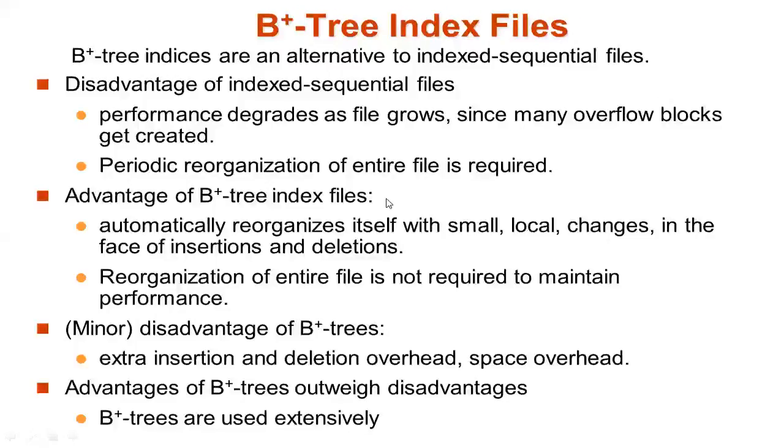When you use an index sequential file and the file size keeps increasing, the performance of searching, insertion, and all sorts of manipulations decreases. Many overflow blocks get created as the file size increases, so the number of blocks also increases.